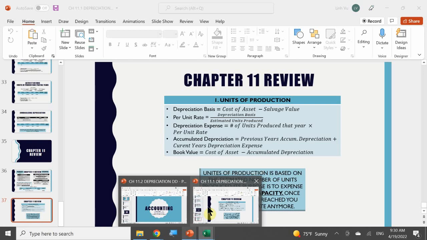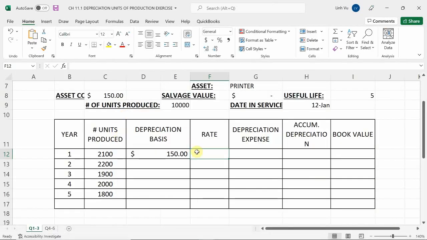Depreciation basis divided by estimated units. So 150 divided by 10,000, the number of units that it could produce. Okay?